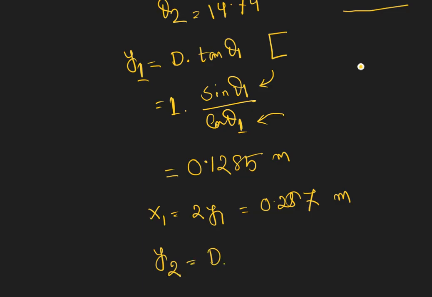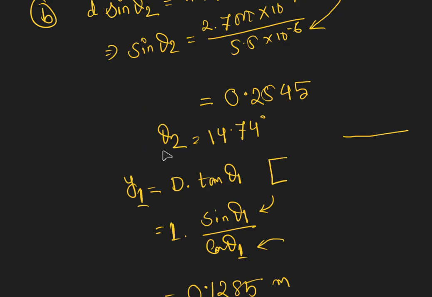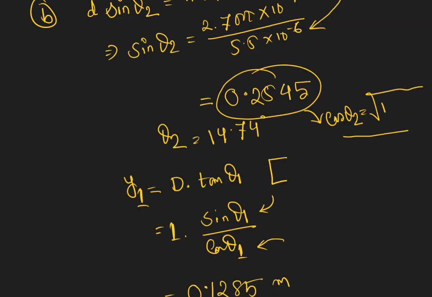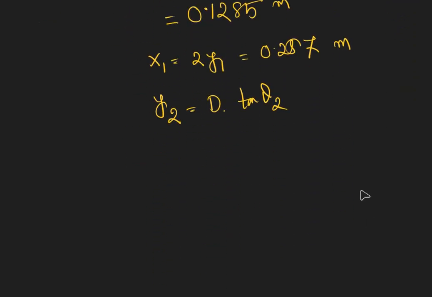Anyway, same way we have to calculate the value of y2. d is the same, and it will be tan theta 2, right? So we have a value of sine theta 2 here. Same way we have to calculate the value of cos theta 2 by using the trigonometric function, 1 minus sine square theta 2. Anyway, let's plug in this value here.